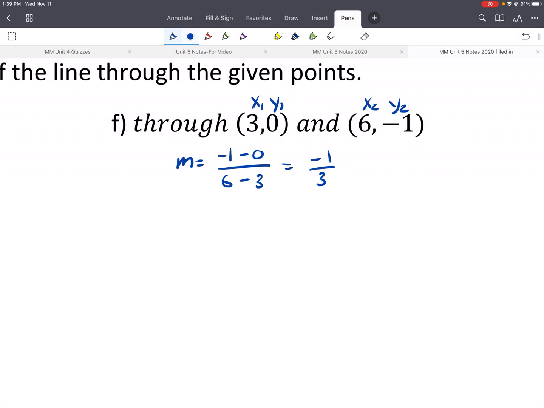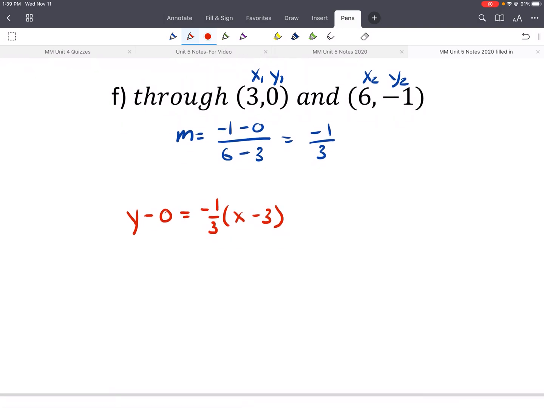And we'd plug our stuff in, so we'd do y minus y1, which would be 0, is equal to negative 1/3 times x minus x1, which would be 3. Okay, and if we ever have something like a plus 0 or a minus 0, we would just leave it out, because y minus 0 is just y. So this is what we'd get.